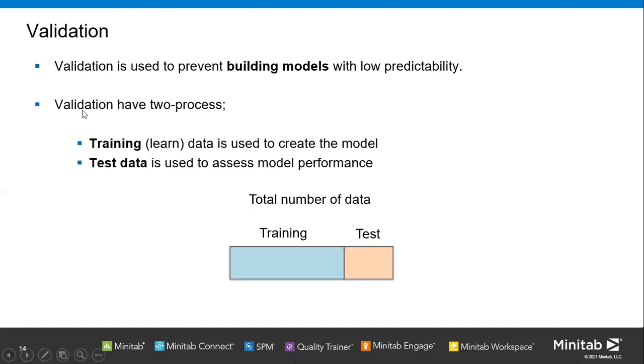The first one is the training data set, where you build the model, and then the test data set, where you assess the model. Maybe in the traditional way we assess our model with newly coming data, but for predictive analytics we do the validation part, where we split into training and test data sets.